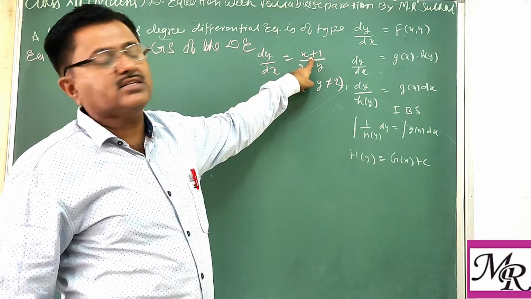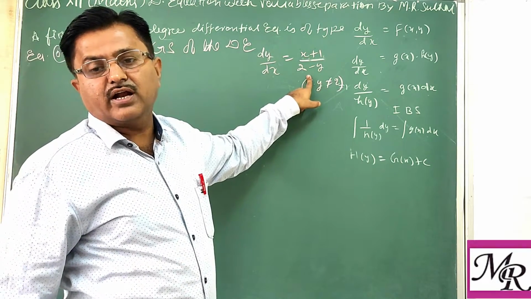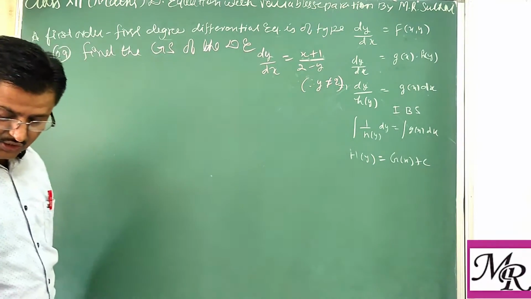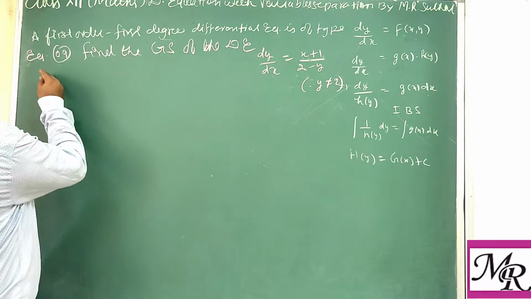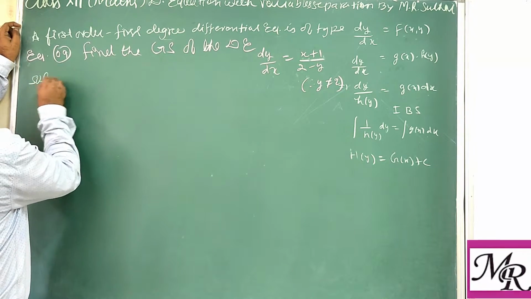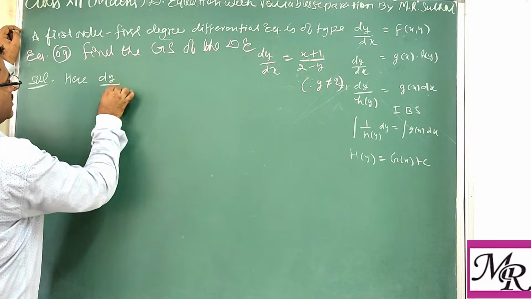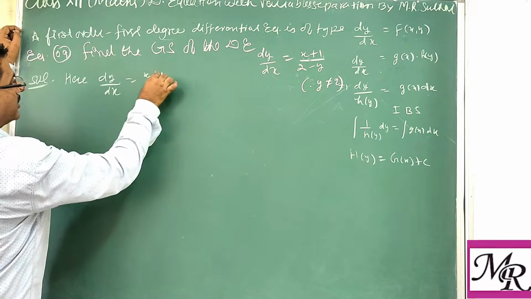Factor containing x, here x plus 1. Factor containing y, that is 1 upon 2 minus y. So separating the variables in the solution, here we are given the equation dy by dx.